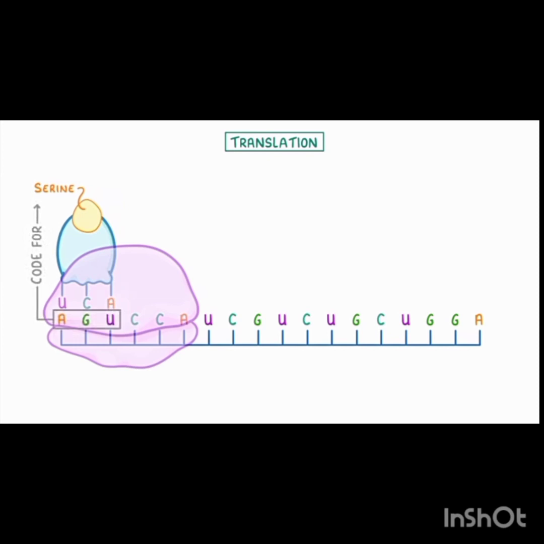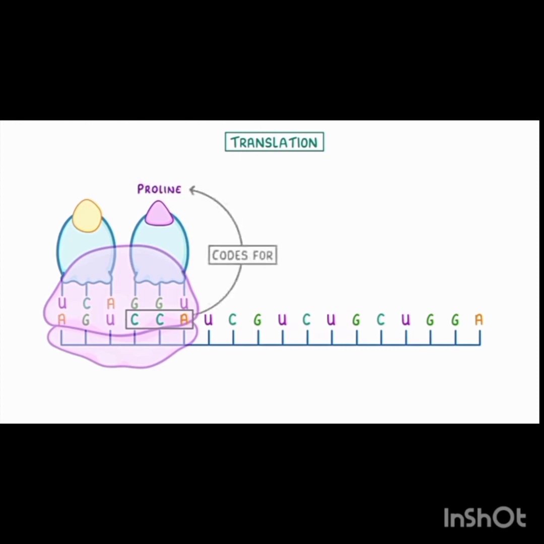This code AGU is the code for serine, and the next code is CCA, which will attract the amino acid on the tRNA with GGU, which is the code for proline.